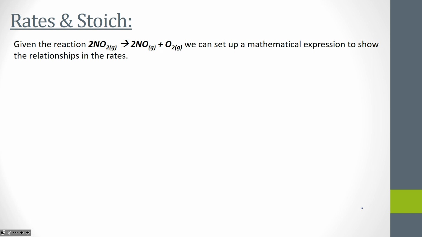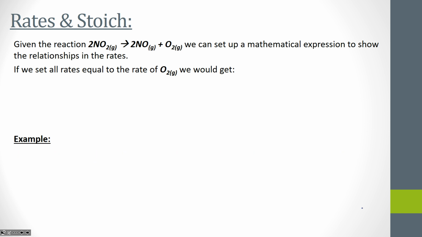So if we set everything up to be equal to the rate of oxygen, we would get an equality that looks like this. So I'm going to start with oxygen. So rate is going to equal the change in concentration of oxygen over the change in time. Now let's take nitrogen oxide.